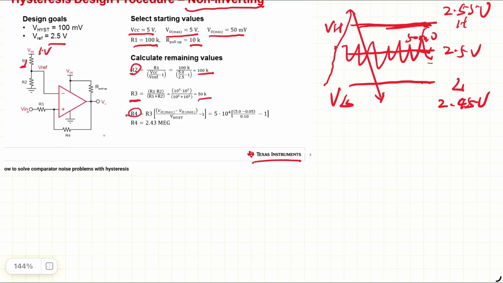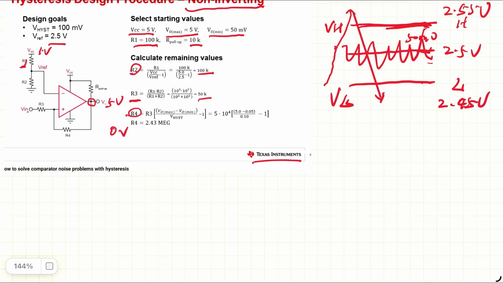To understand how to choose the feedback resistor R4, the circuit is actually quite simple, but we need to understand the output here. The output can only take two values: either 5 volts high or 0 volts low.